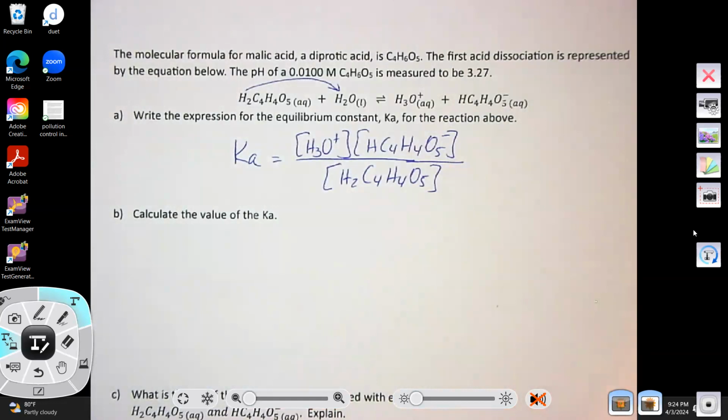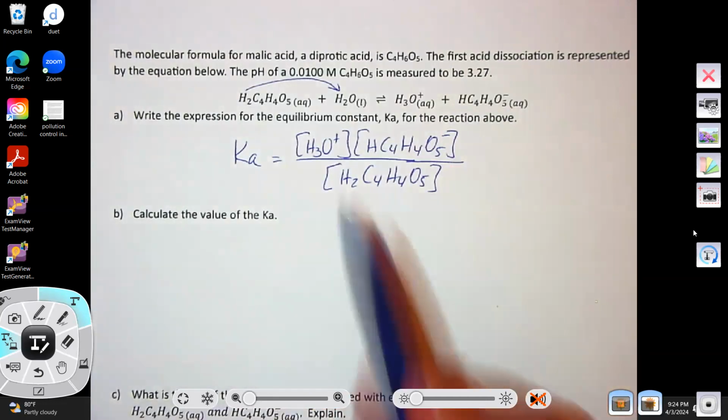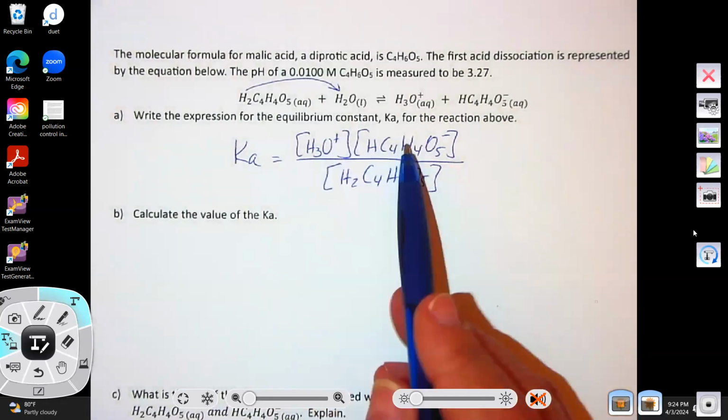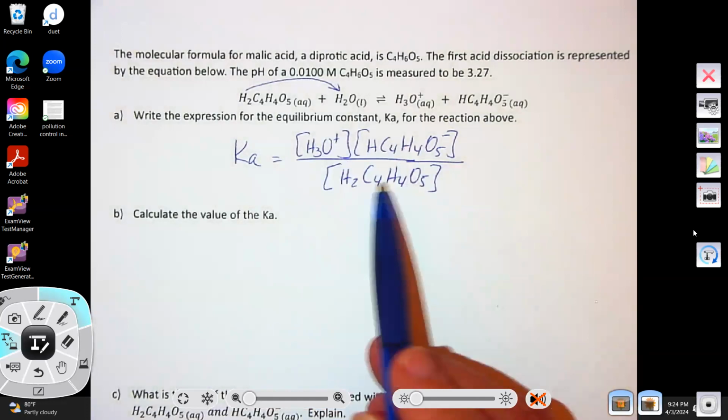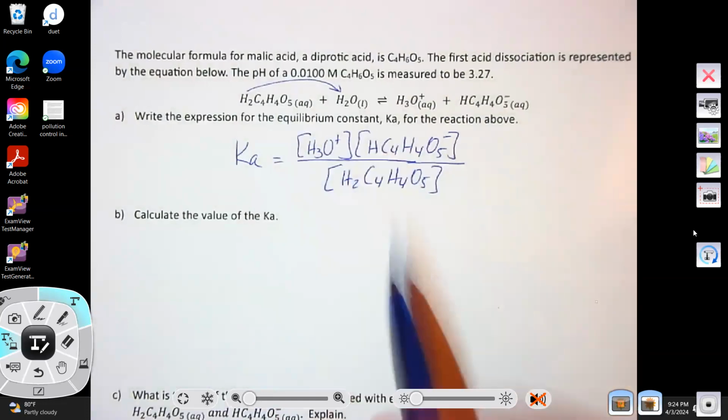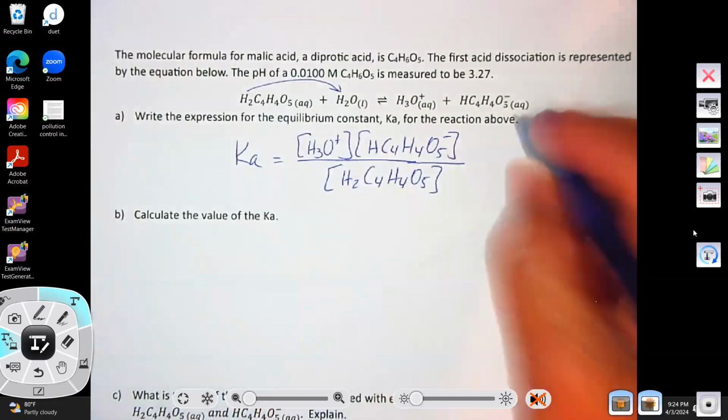Letter B says calculate the value of the Ka. Now, to calculate the value of the Ka, you need to get the value of these guys. So you could do a nice table here.